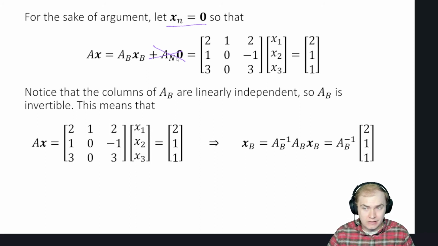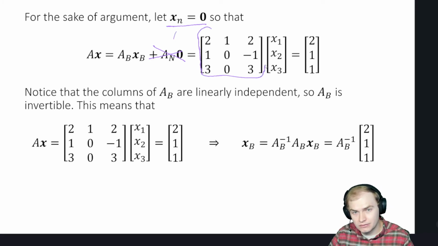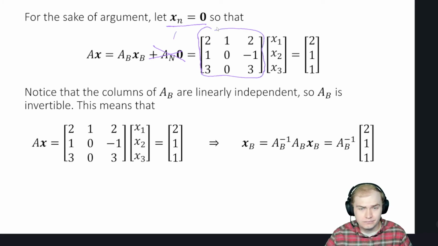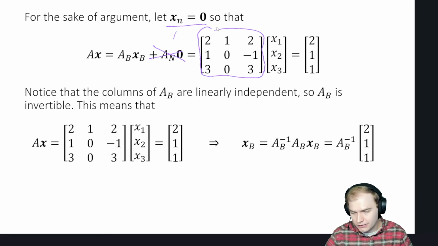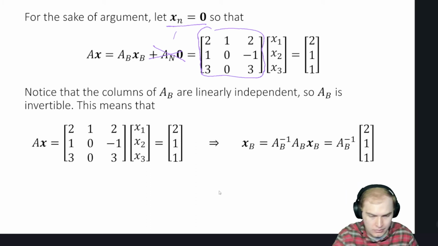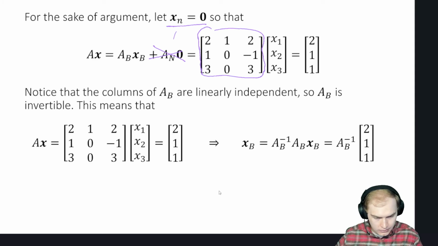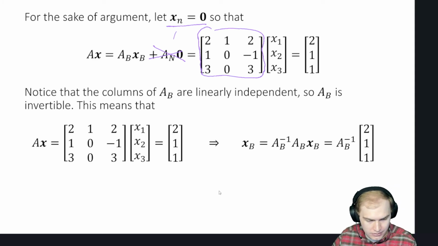This means that we can invert our matrix AB. You could also do this by row reduction if you wanted to. Row reduction is, in fact, a form of finding the inverse of a matrix, but I'm just going to do it with matrices.